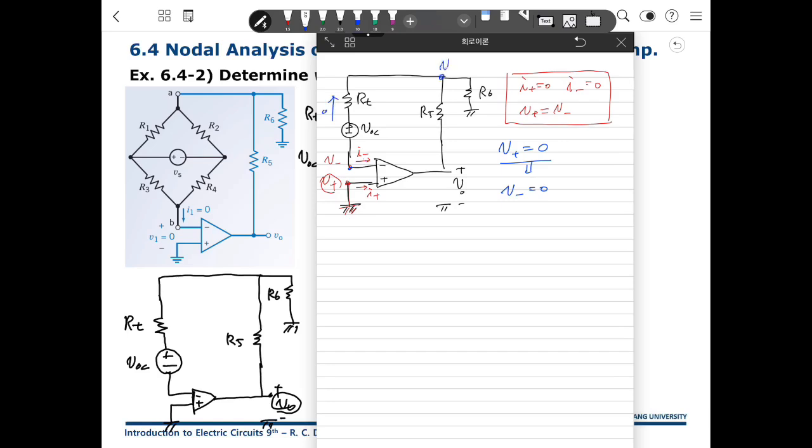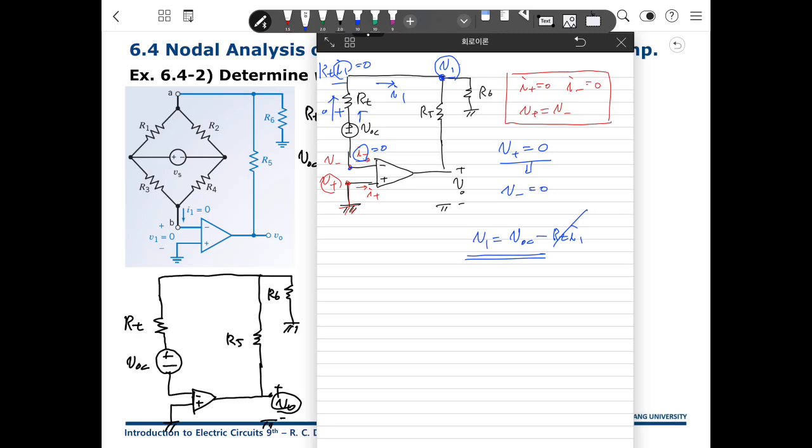So what's the value of V defined? There's a V1. Then here we define this current as I1. Then I1 going here, so this voltage drop is RT I1. So V1 is VOC minus RT I1. Because I minus is 0, I1 is also 0, so that means V1 is the same as VOC.